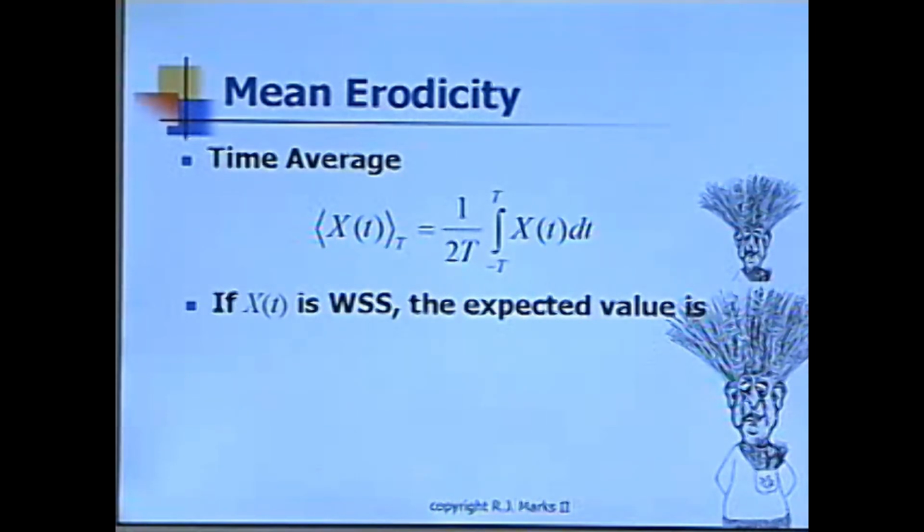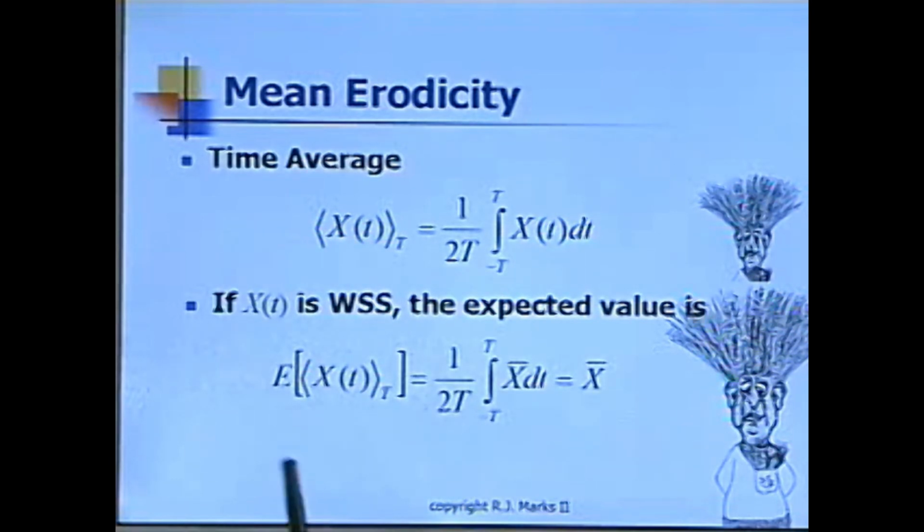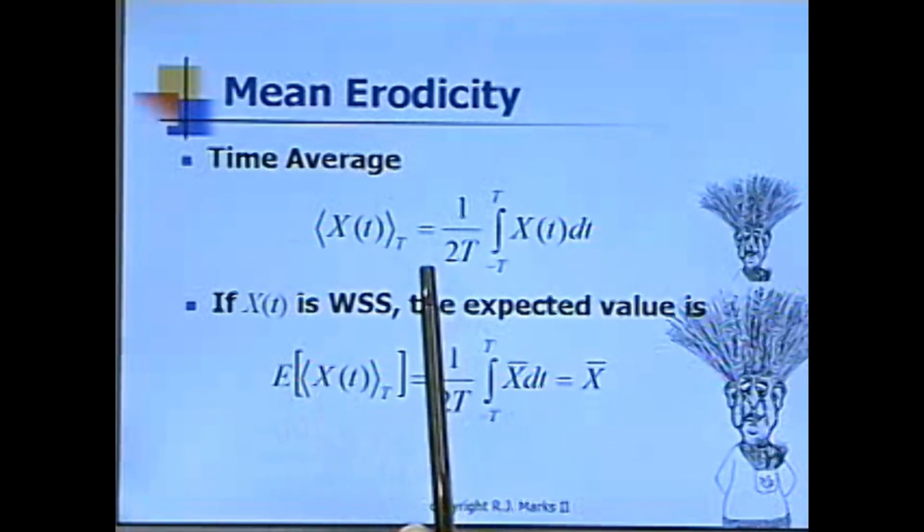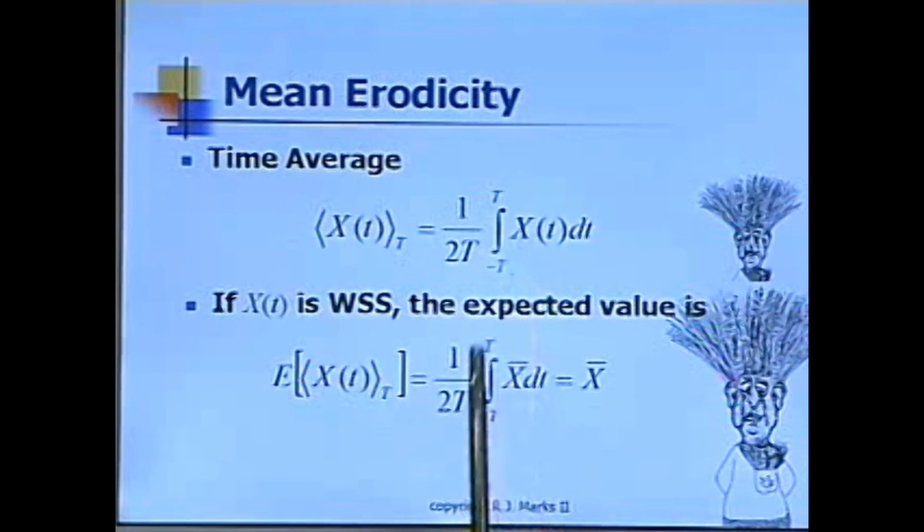So let's look first of all at x of t and assume that x of t is wide sense stationary. Then the expected value of x of t is equal to, if we take the expectation through the integral here, the only thing we have to integrate on is x, and of course that's equal to a constant, right, under the wide sense stationarity assumption.